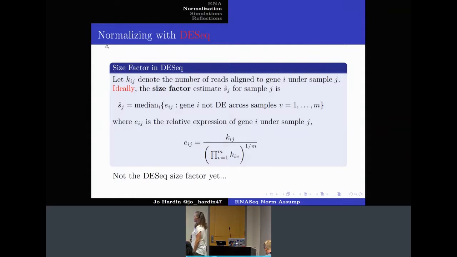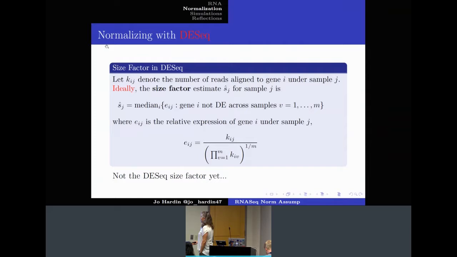Kij is the number of reads aligned to i under sample j. And so we're going to try to find, for sample j, what is that size factor? What is that number that we're going to be dividing by to make sure we get this apples to apples comparison? Okay, so the size factor, this is not DESeq yet. We're going to get there, but we're going to pretend it is for just two slides, I think.